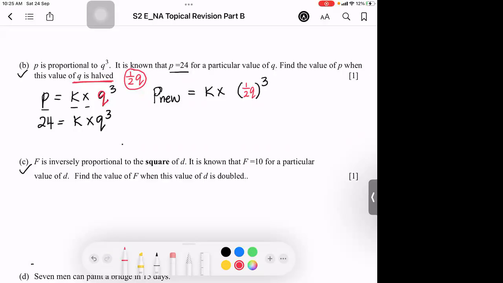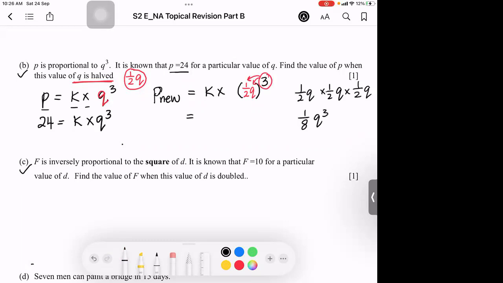So when I put the half Q inside, to the power of 3, you must cube the half, you also must cube the Q. What is half cubed? Half times half times half. In this case, you get 1/8 Q to the power of 3.